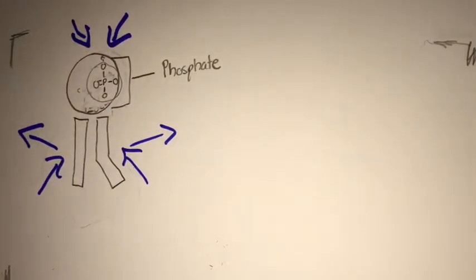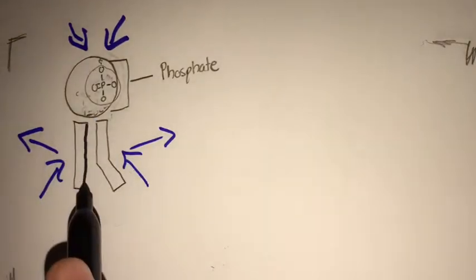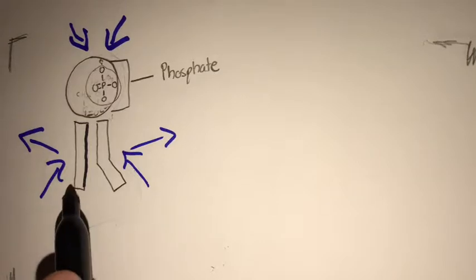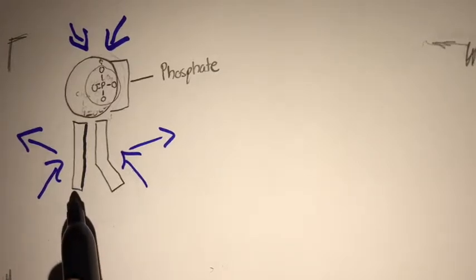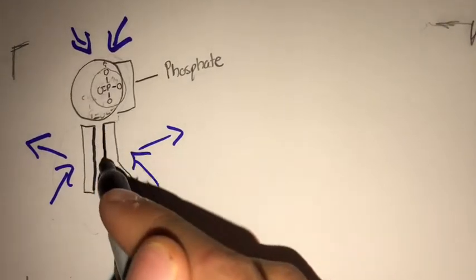Now, another important thing to note is the difference between the two fatty acid tails. You can see here that this is a straight line, meaning that this is a saturated fatty acid. Now, this here is not straight.